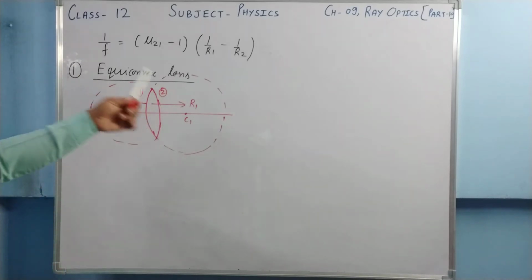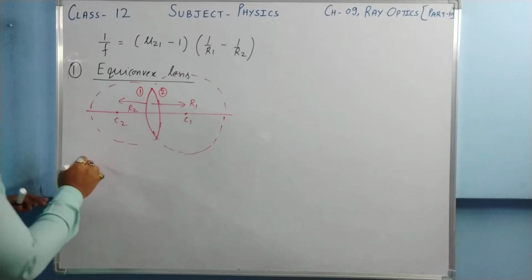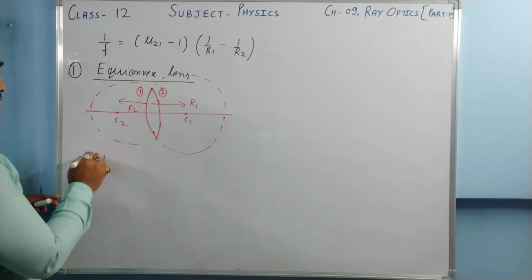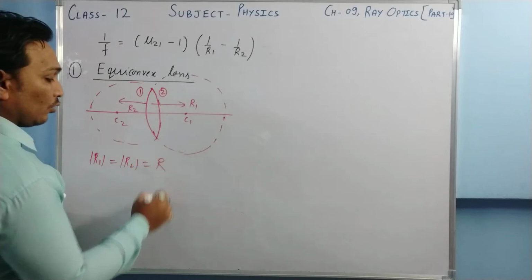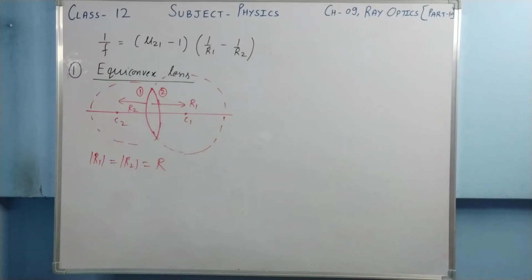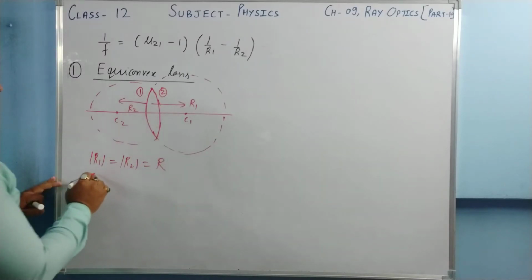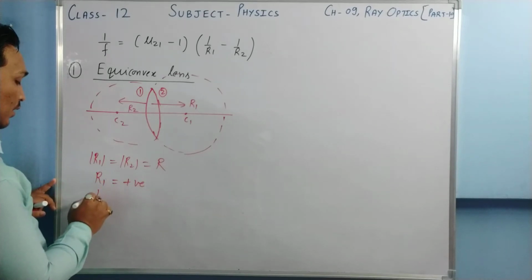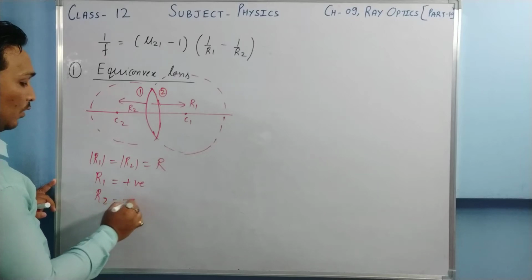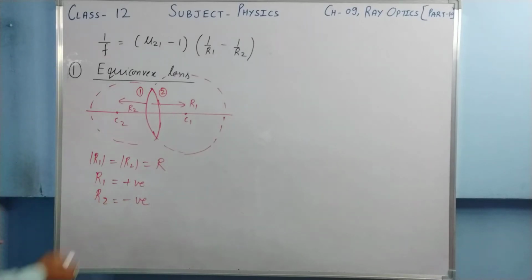Since the lens is equiconvex, the magnitude of R1 and the magnitude of R2 are going to be equal, R. But R1 is considered positive, whereas R2 will be considered negative, because R2 is this side and R1 is that side.